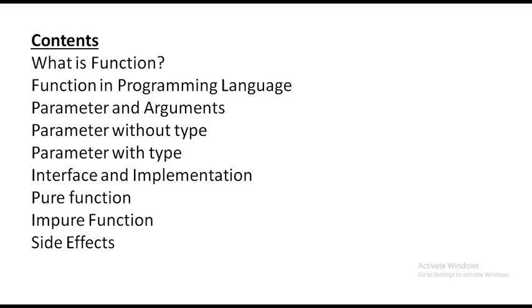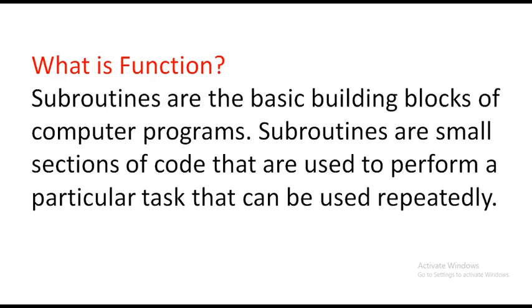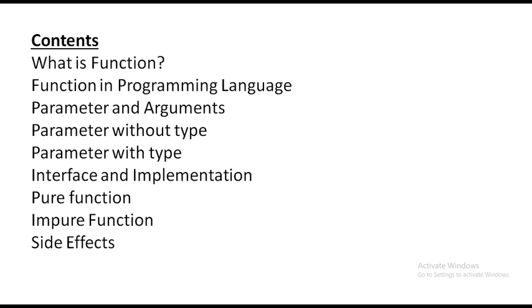For what purpose are we using function? To perform a particular task only, we are going to use function. In programming languages, these subroutines are called as functions. And next one is function with respect to the programming language. How is the function treated in programming language? That is the literal meaning of this one.